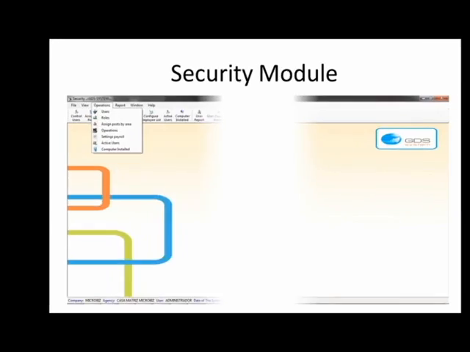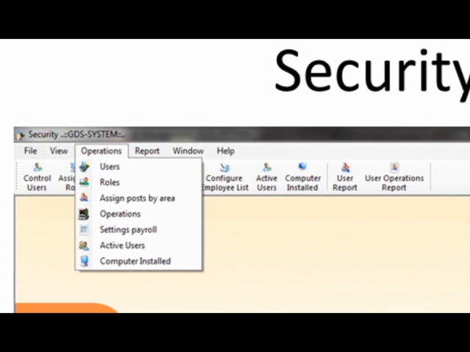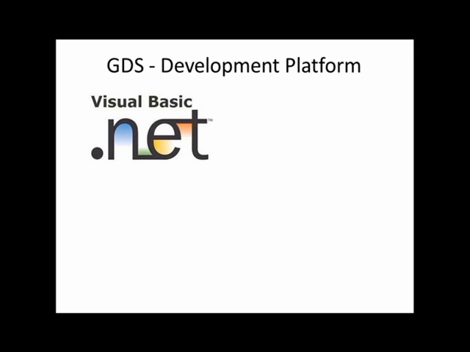The security module allows user control of the system, provides the passwords, and assigns permission to access the different operations of the system. The GDS system uses Visual Basic .NET 2005, which allows a friendly interface for the user.